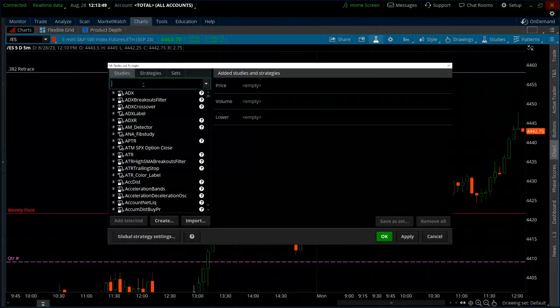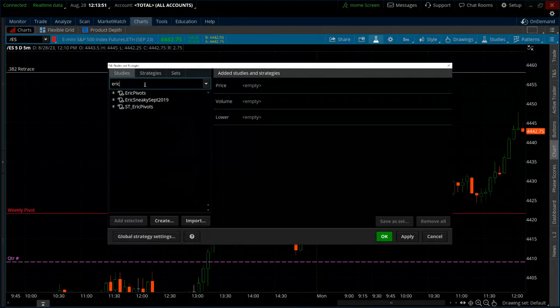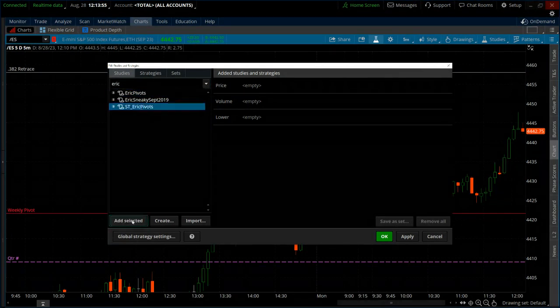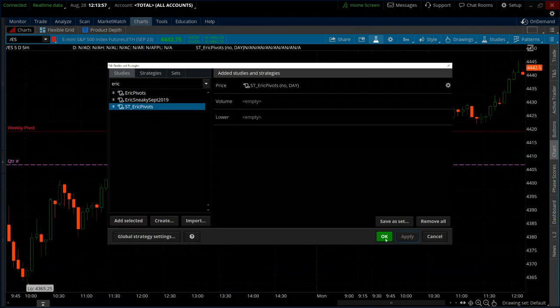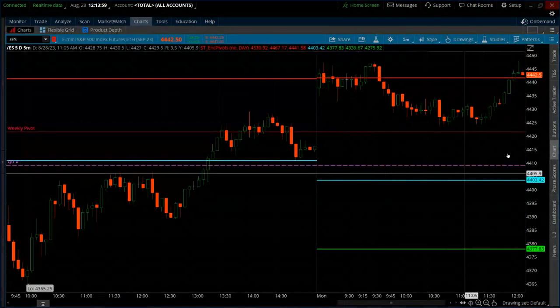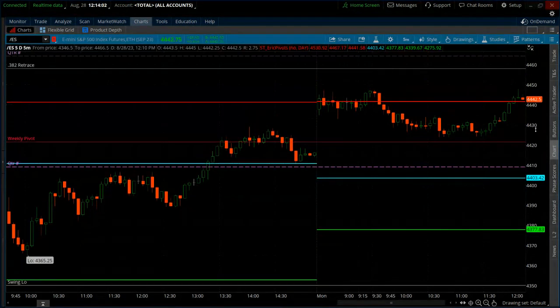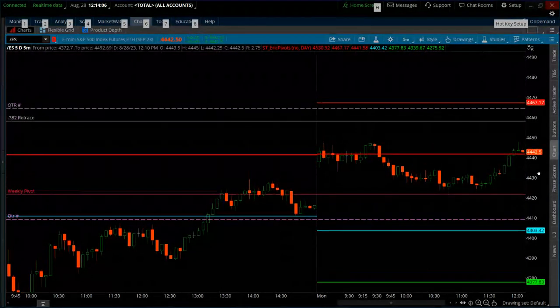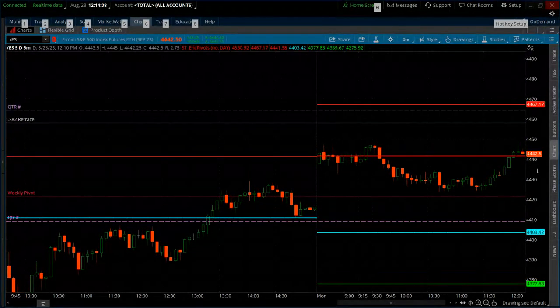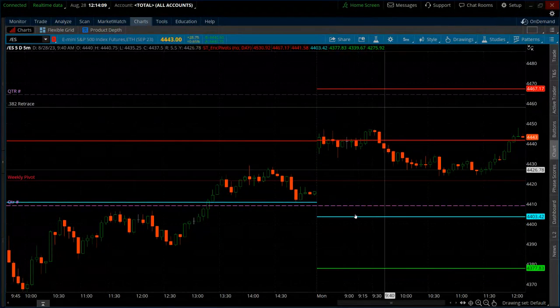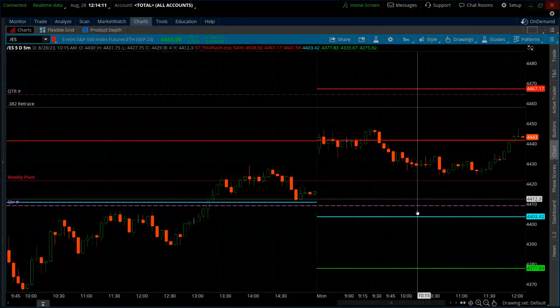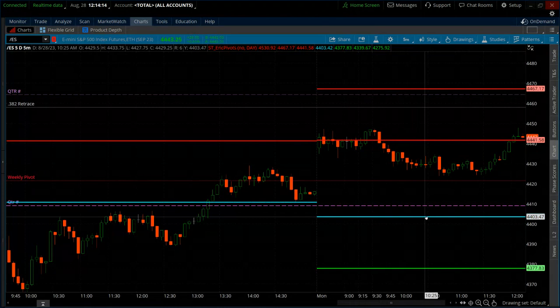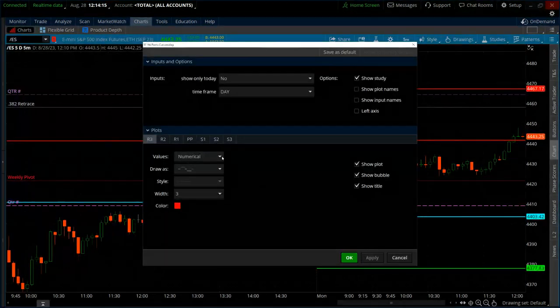Here we're going to put the pivot points on here. This is an indicator that Simpler Trading's Eric Purdy, who's a genius coder in the Thinkorswim coding language, built.